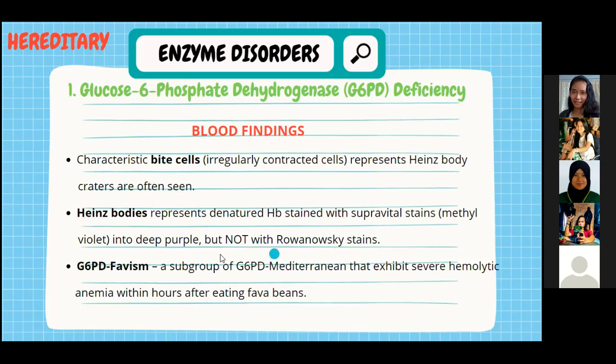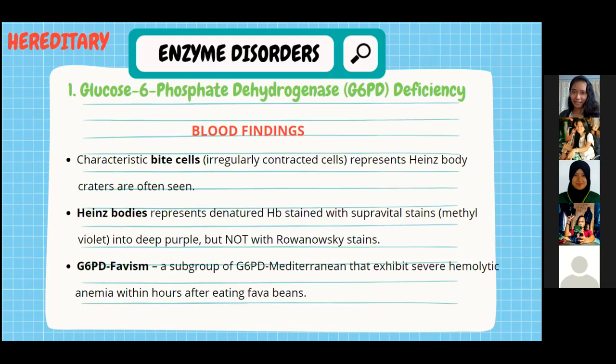So the next blood finding is the G6PD favism. Favism is a rare severe hemolytic episode that occurs in some G6PD-deficient individuals after ingestion of fava beans. Favism can initially manifest with a sudden onset of acute intravascular hemolysis within hours of ingestion of fava beans, or hemolysis can occur gradually over a period of 24 to 48 hours, equivalent to 2 days.